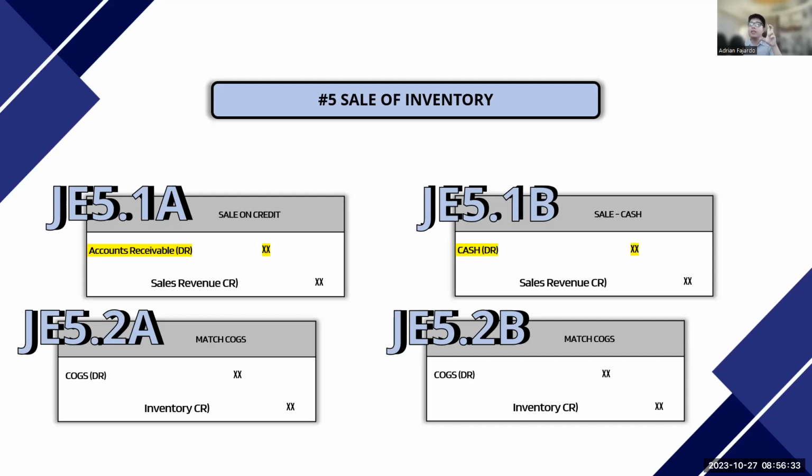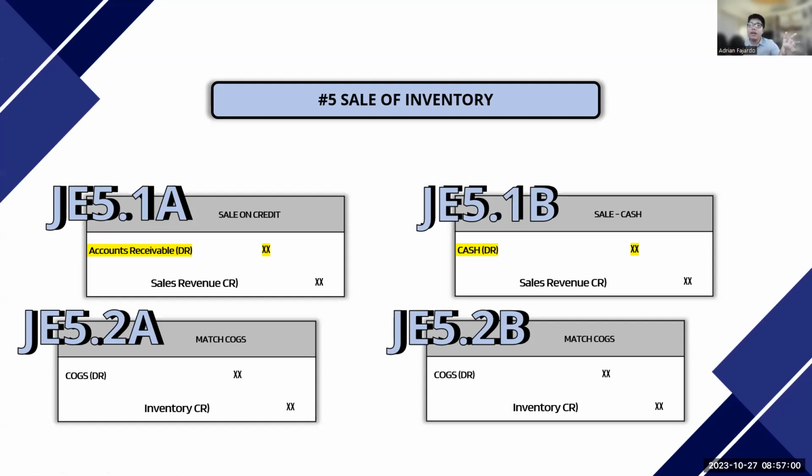So, the debit COGS, credit inventory signifies na finally, from asset, ine-expense mo na yung inventory. Kasi may nabenta ka na. Remember the Geely example, right? So, ang only difference lang is cash ba or on credit yung ano. Pero generally, you have to journalize 2 journal entries.